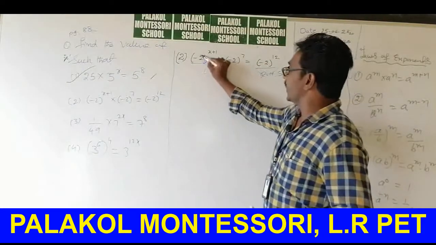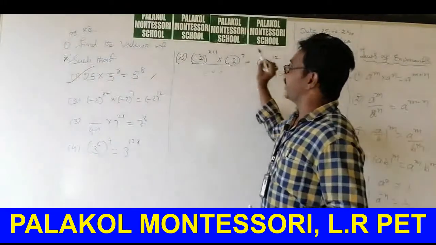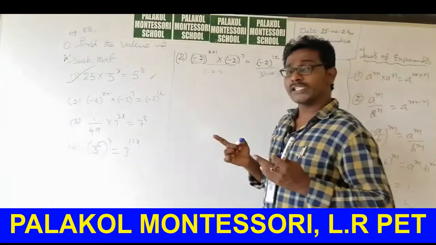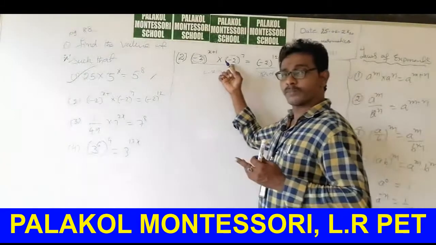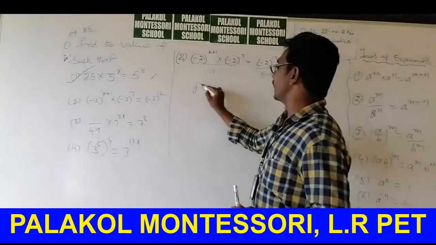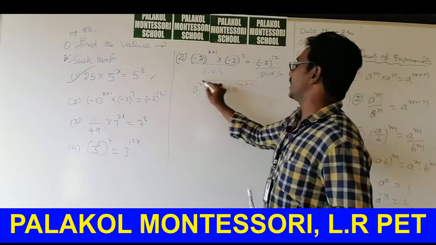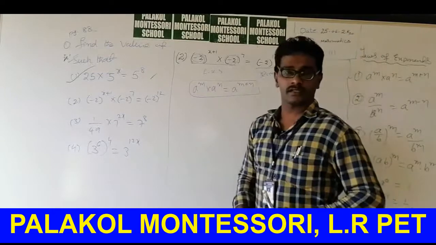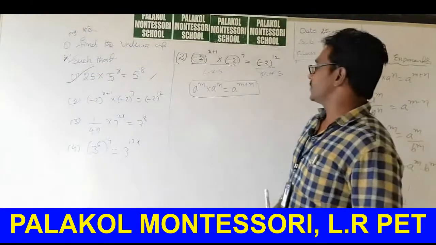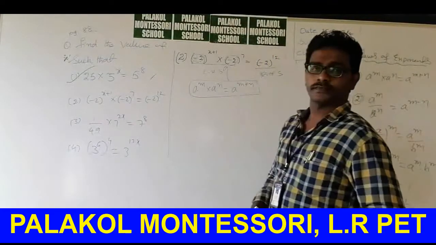Here the base is minus 2, this is also minus 2, the powers are different, so immediately guess which law of exponent powers this belongs to. Yes, correct. A power of m into a power of n is equal to a power of m plus n. Very good. The same formula applies in this sum.